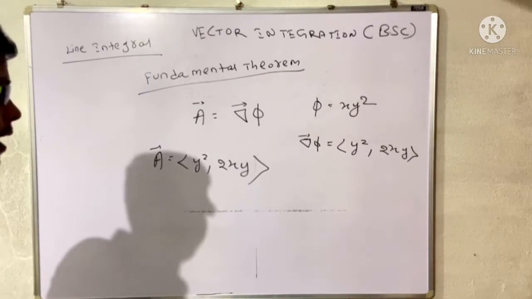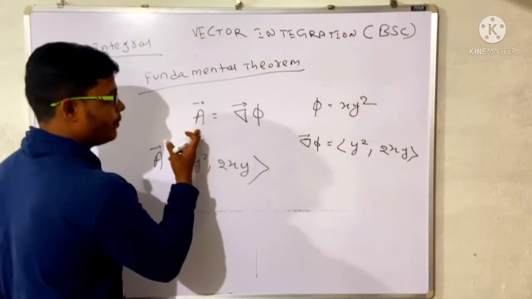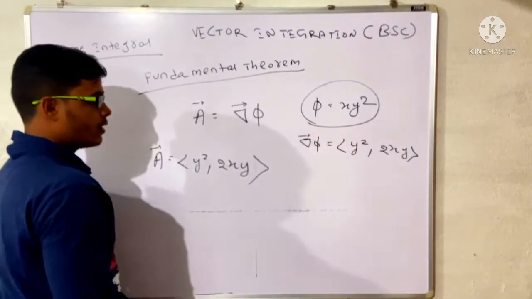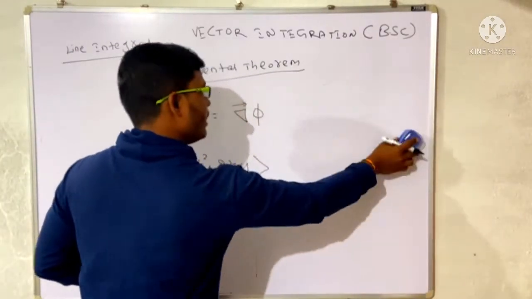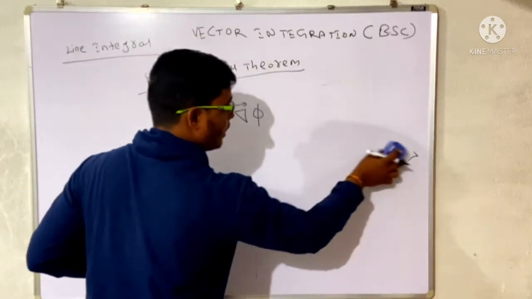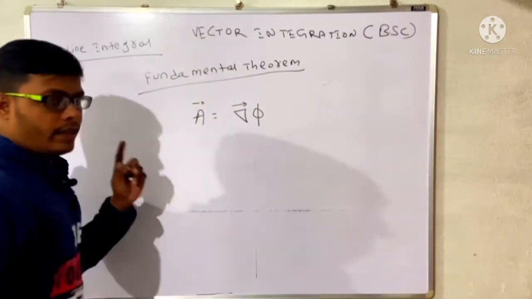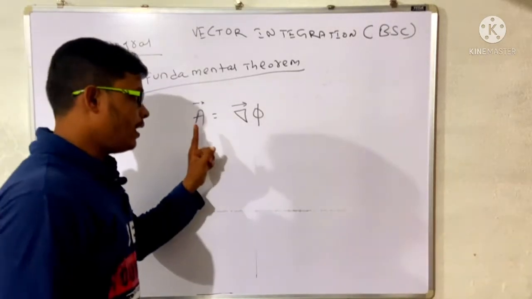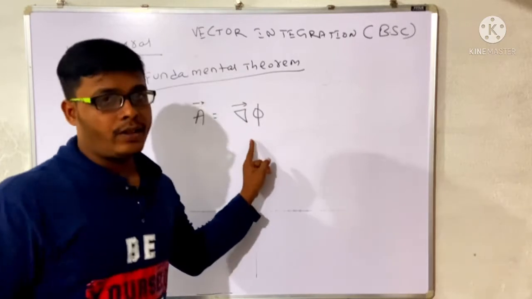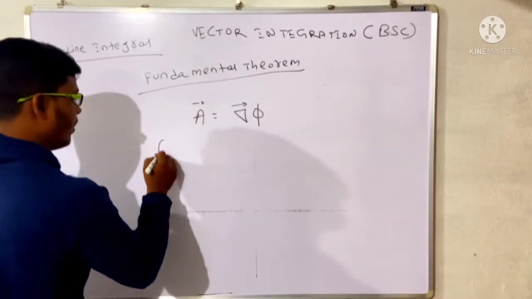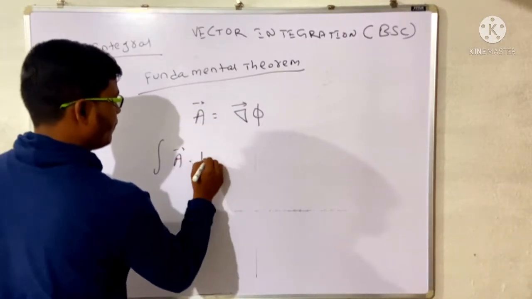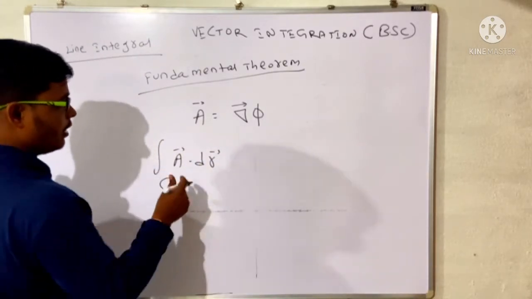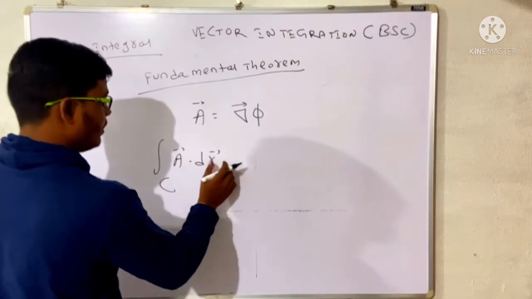Then what do we find? That the A vector, that is the vector field, is the gradient of this scalar field. So I am discussing such a case, that a vector field is given to you and that vector field is the gradient of a scalar field, then how will you find the line integral? How will you find A dot dr?